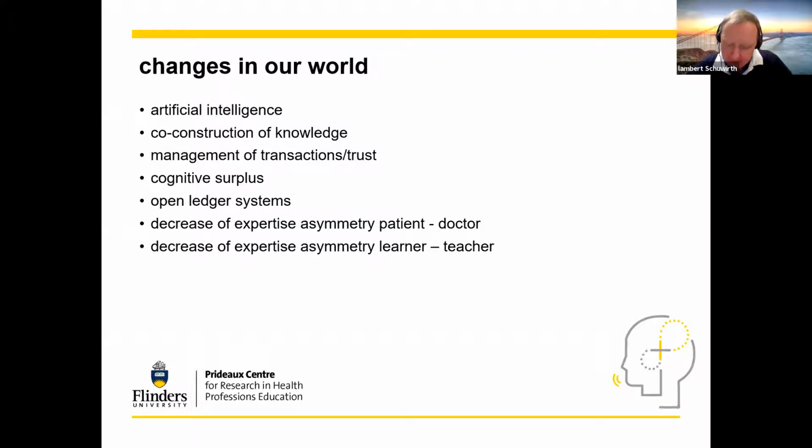The other one, which is interesting, is that there has been a change happening in how we see knowledge. Traditionally, knowledge was seen as something that the expert had and the non-expert did not have, and there was one truth. But increasingly, we're understanding that knowledge is actually something that we co-construct. There are different views on knowledge.